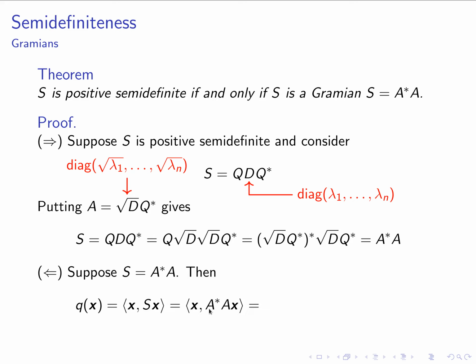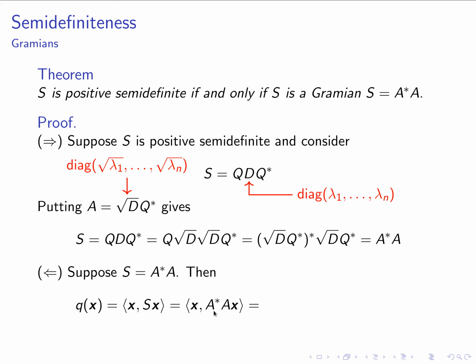Well, if we substitute in S equals A star times A, we're then looking at the formula x inner product with A star times A times the variable vector x. And remember, if we have matrices inside of an inner product, the matrix can bounce around from side to side, but every time we move a matrix from one side to another, we have to conjugate transpose.